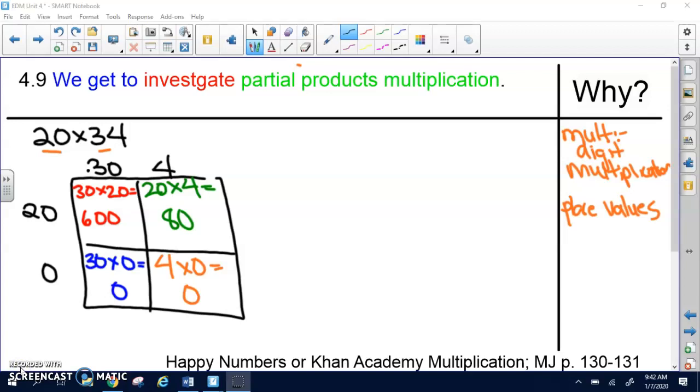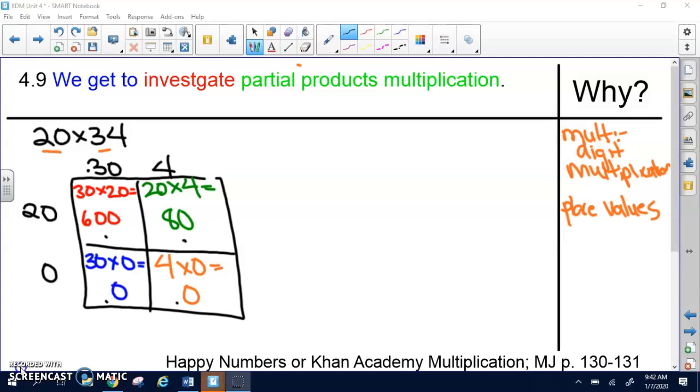What we have now are 4 products from the place values that we can add up. 600 plus 80 plus 0 plus 0. We can do the mental math here, and it would be 680.